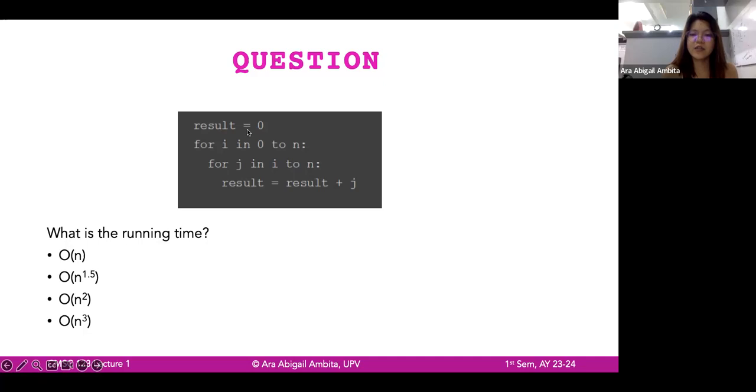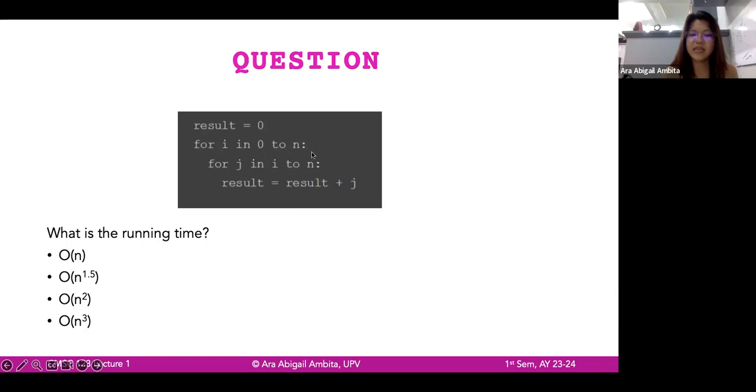So we have result equals 0. Essentially, this is 0 since we are just doing a memory access. And then for the first loop, for i in 0 to n, that means that we are going to loop n times. And then for each value of i, we are going to have another loop for j in i to n.